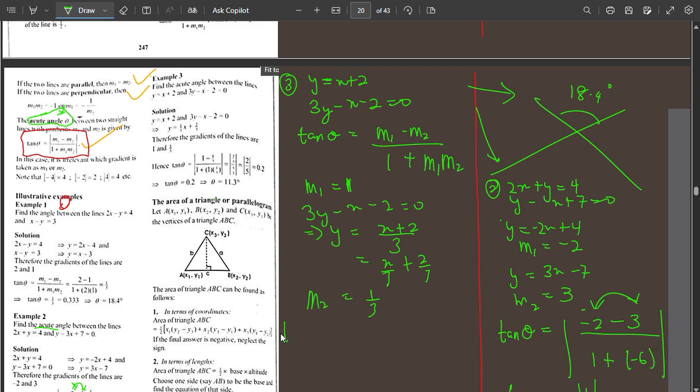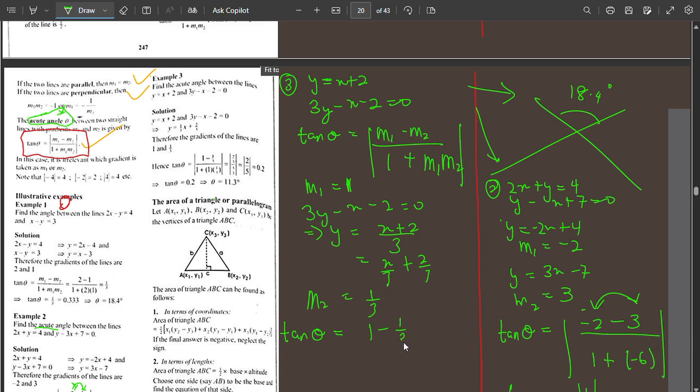Now we can find our angle. Tan theta is equal to m1, which is 1, minus m2. Because we're finding the acute angle, we're supposed to have the absolute value. Is m2 positive too? Yes, m2 is still positive.